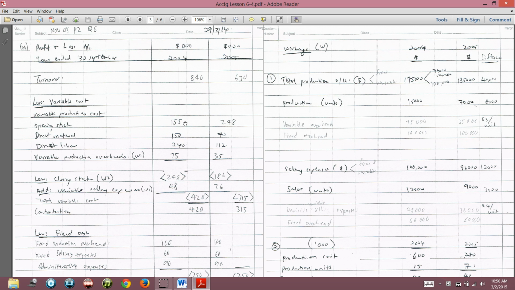You have fixed production overhead, like for example rental, and you will also have variable production overheads, right? So the stock does not include it, because this is a heading for variable cost. So all these are strictly variable costs. So your stock does not include an allocation of fixed production overheads, but it includes an allocation of variable production overheads.